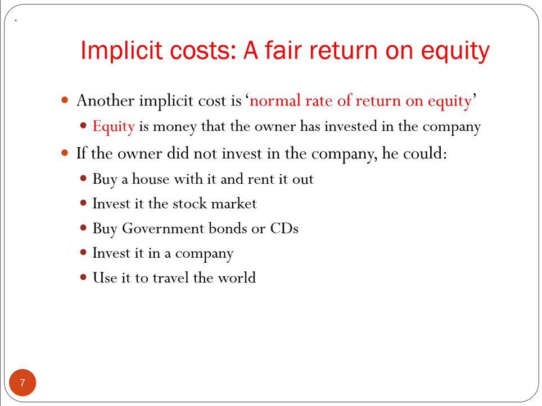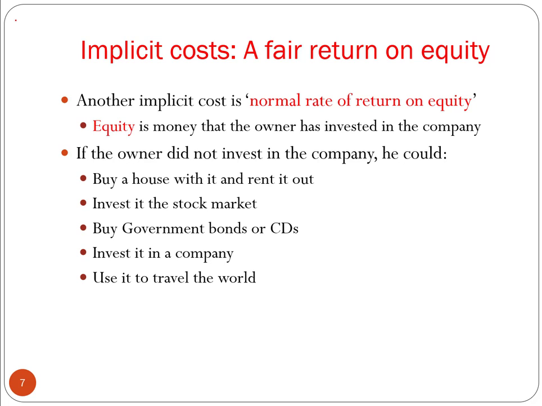He or she might buy government bonds or CDs, or invest it in another company. Or maybe he or she doesn't even want to invest at all. They just want to use that money to have fun. So they're going to use that $100,000 and travel the world and have a great time for a year. But because it's been invested in the firm, you can't use it for these things.